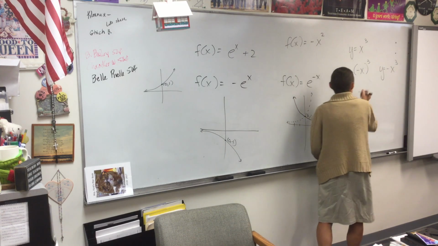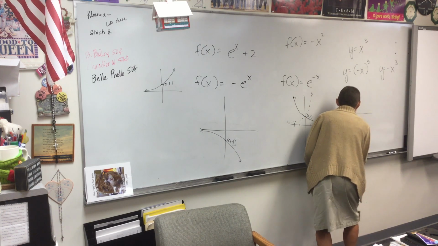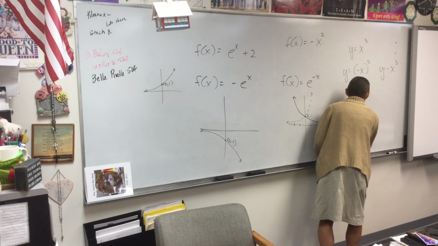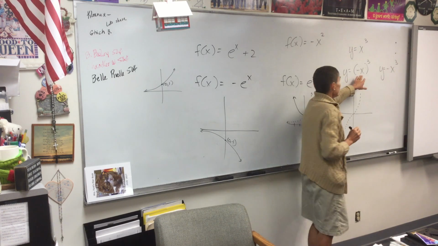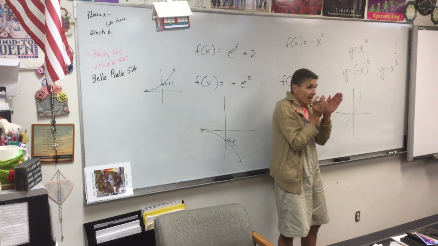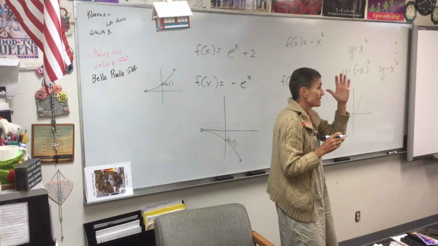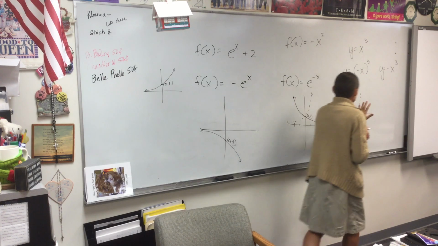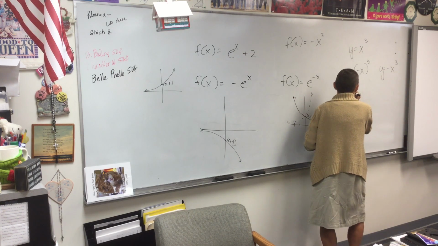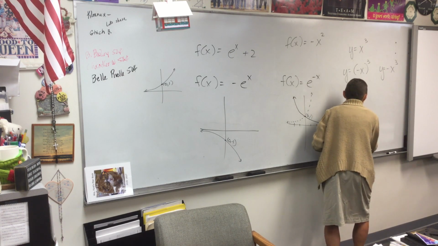All right, so what does a negative there do? I'm going to dash in there's my cubing function. What does a negative on the x do? Flips you across the y-axis. So I'm going to take this, I'm going to flip it across the y-axis, and I would get this.